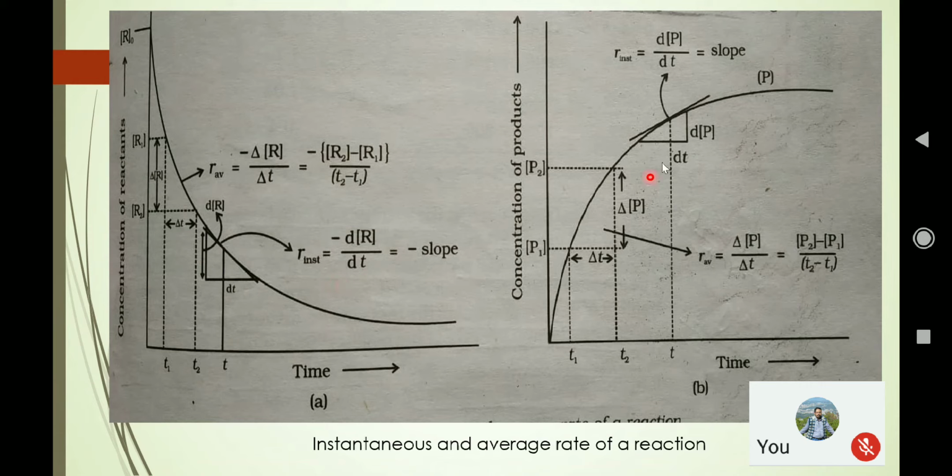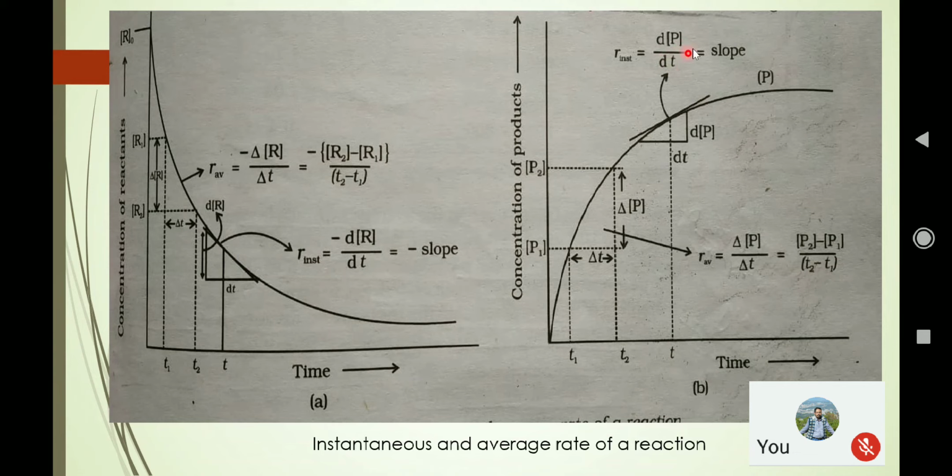And here in this graph, when the concentration of product is plotted with time, in that time interval T2 minus T1 the change in concentration of the product is P2 minus P1 divided by delta T, that is T2 minus T1. At a very small time gap the concentration of product changes as dP.